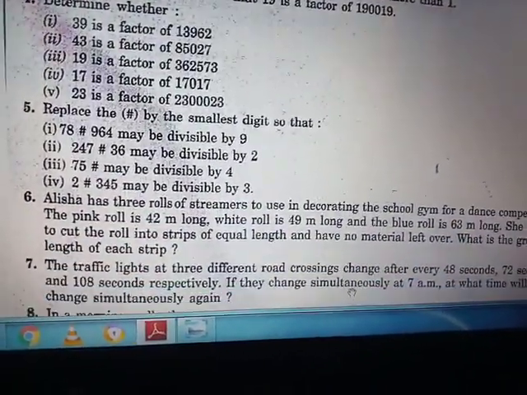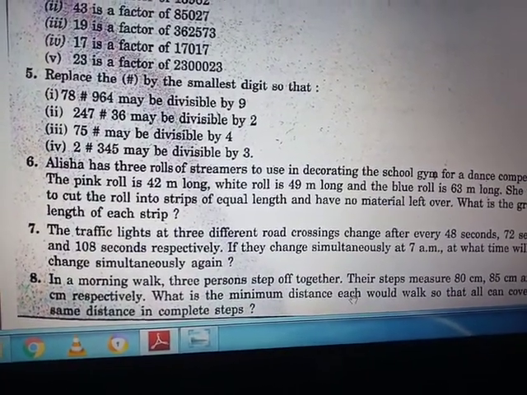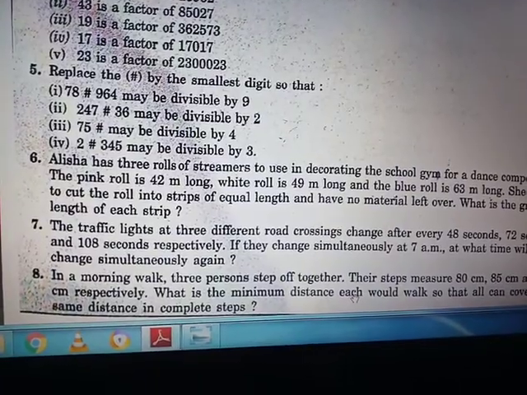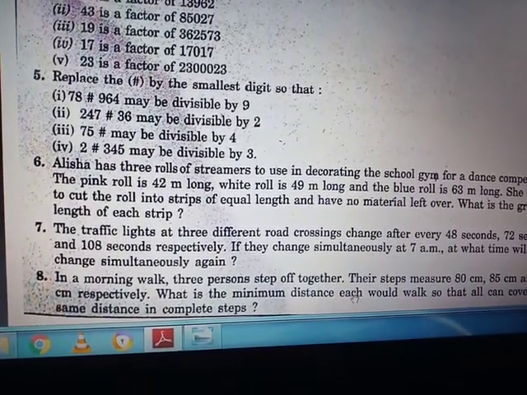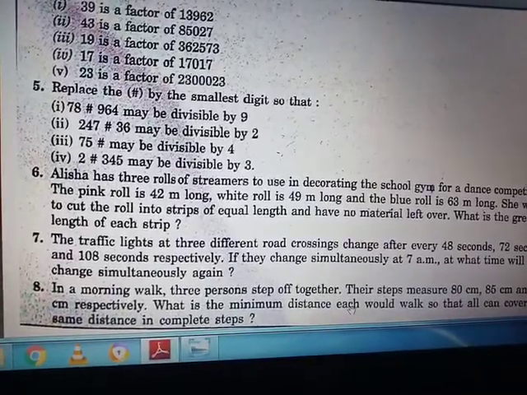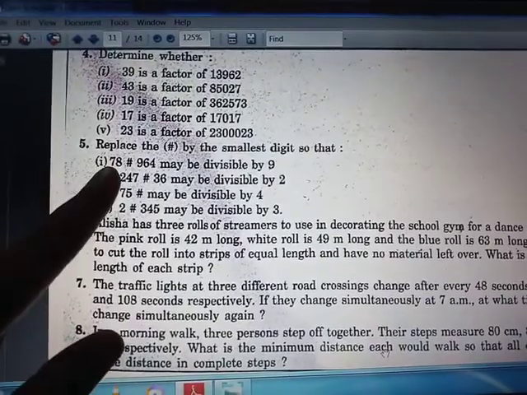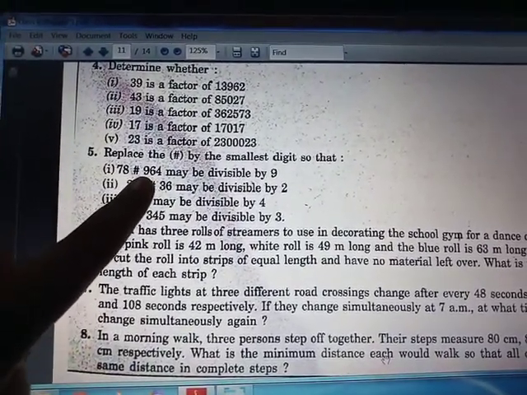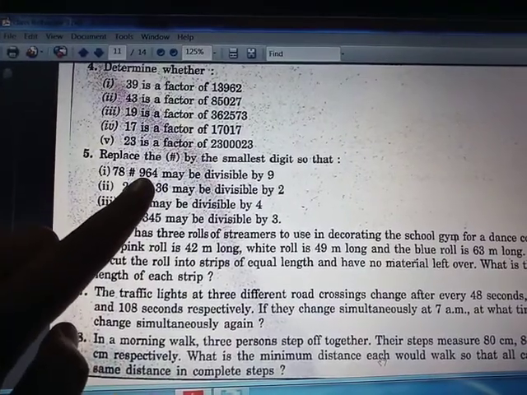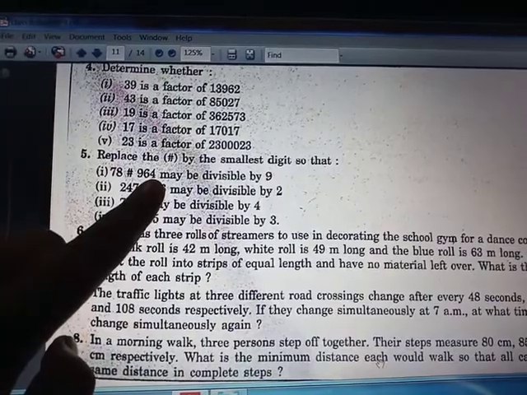Now moving to question number 5, replace the hash by the smallest digit, so that 78 hash 964 may be divisible by 9. So we should remember the test of divisibility by 9. You can see that 7, 8, 8, 7, 15, 15 plus 9 is 24, 24 plus 6 is 30, 30 plus 4 is 34.